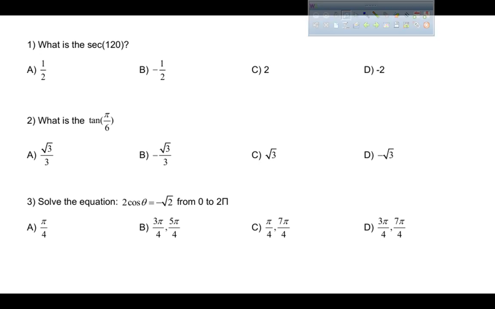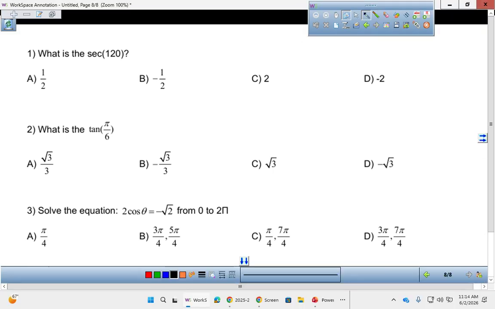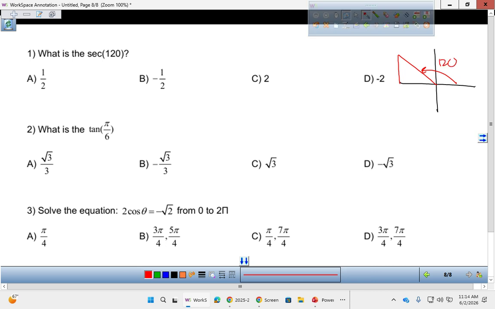All right, guys, just in case you looked at this, 120 is something in quadrant 2. And I know that that's 120. So that must mean that my reference angle is 60. So I'm referring to 60 degrees when I do this.